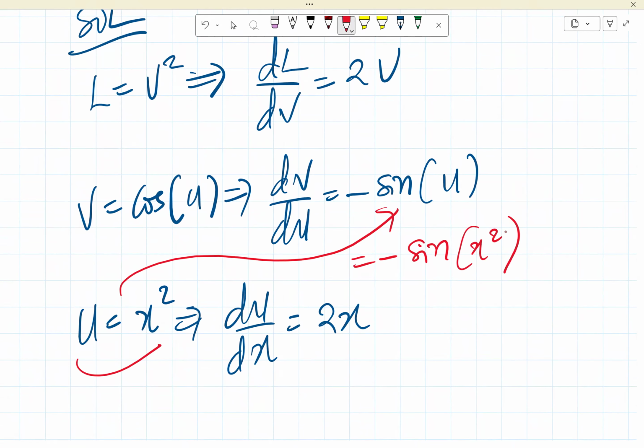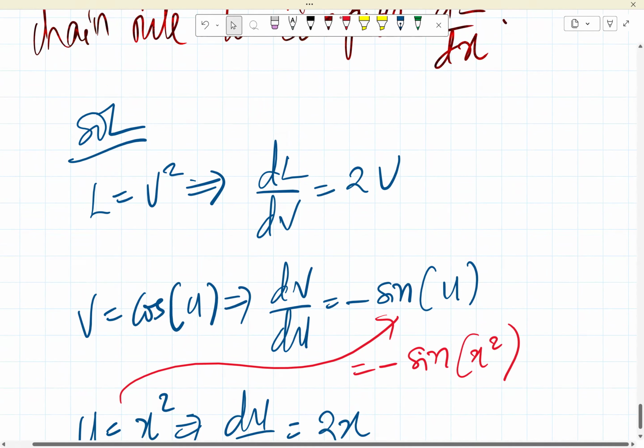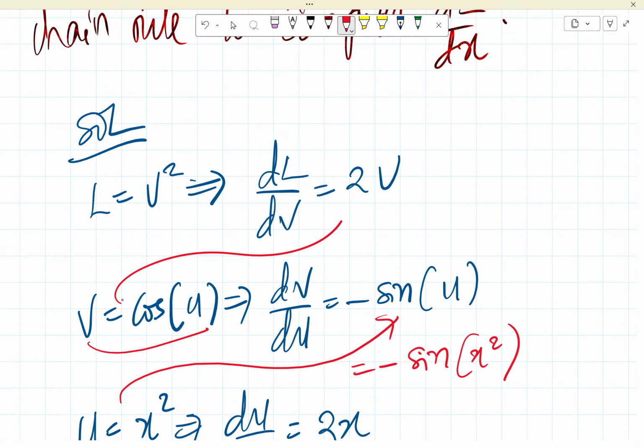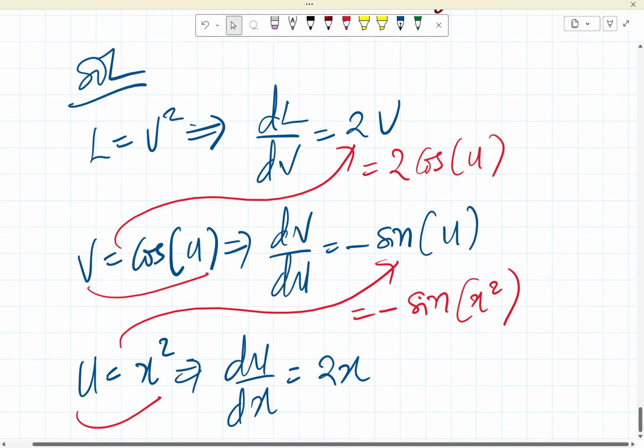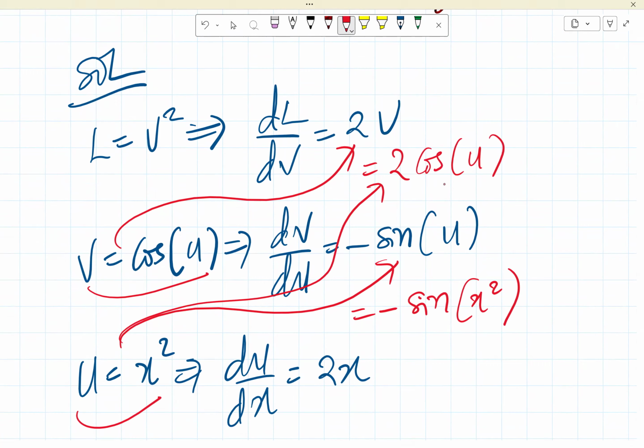Then we have 2v, and since v is cos u, we have 2 cos u. But that's not the end. We again have that u is x squared, so this is 2 cos x squared.